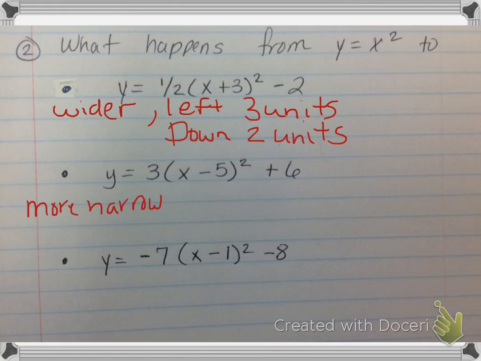Narrower is a word. Pretty sure. Okay. Now, that negative 5, where does it move it? Right 5 units. And up 6, because it's a positive, we go up 6 units.